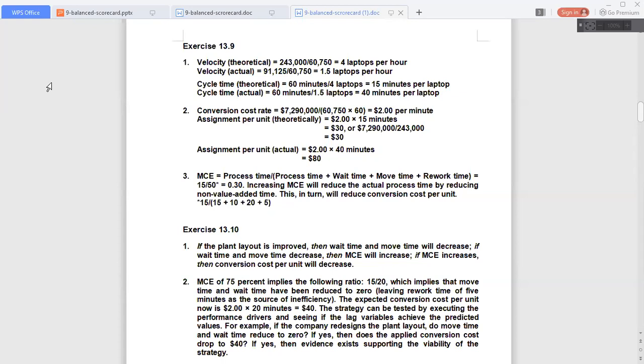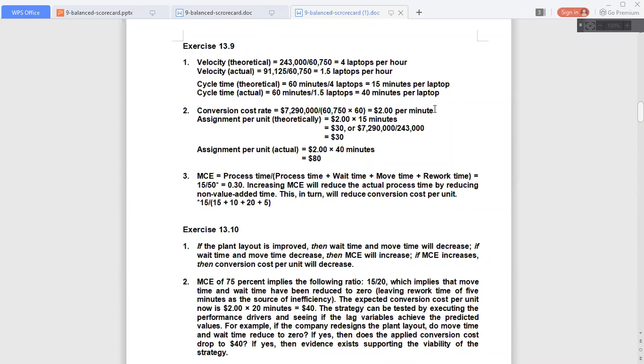We now get 30. That's the theoretical assignment per unit. So in other words, we have now 30 as the assignment per unit theoretical, but the actual is $80, multiplying $2 by 40 minutes.